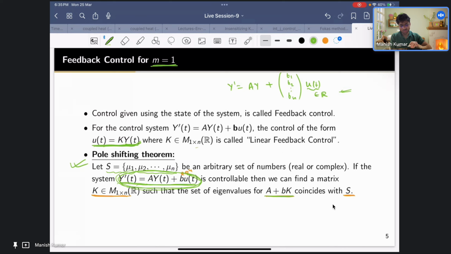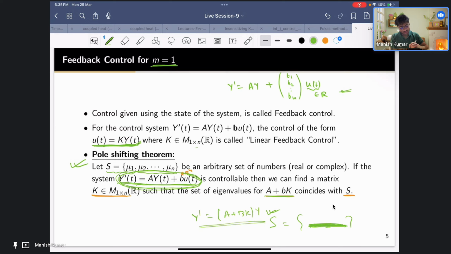Suppose the eigenvalues of A are not negative. You want to construct some desired set S with negative entries. Then you can find K such that A plus BK has as eigenvalues the elements present in the set S, and you will conclude that the resulting system, y prime equals (A plus BK)y, is stable.